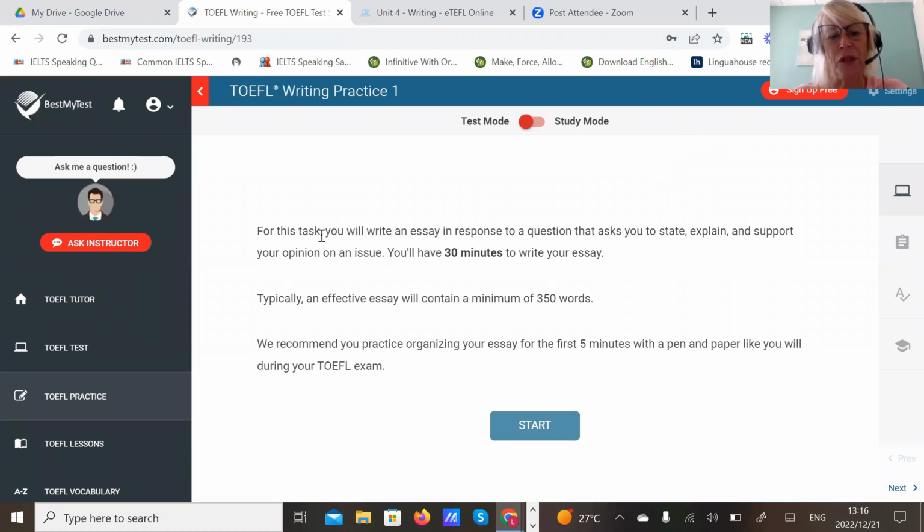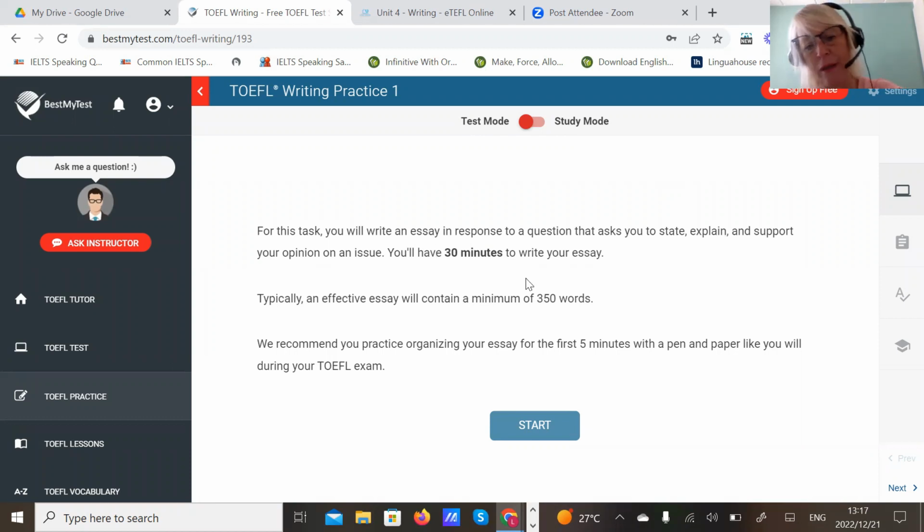So for this task, you'll write an essay in response to a question that asks you to state, explain, and support your opinion on an issue. 30 minutes to write an essay, so slightly longer, but it's 350 words.